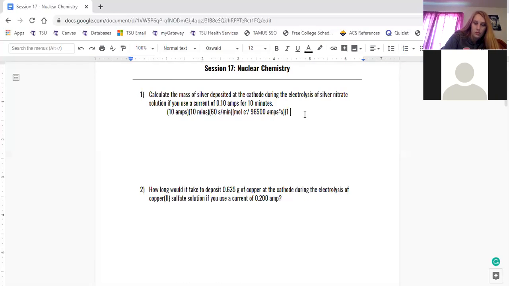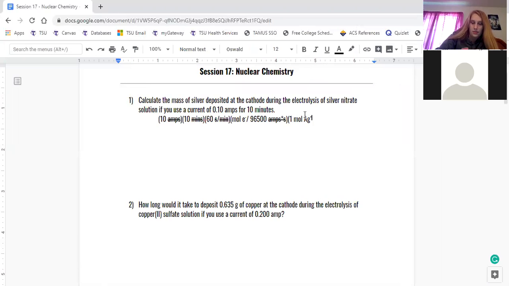So we have 1 mole of Ag plus for every 1 mole of e minus, and that's going to cancel out.